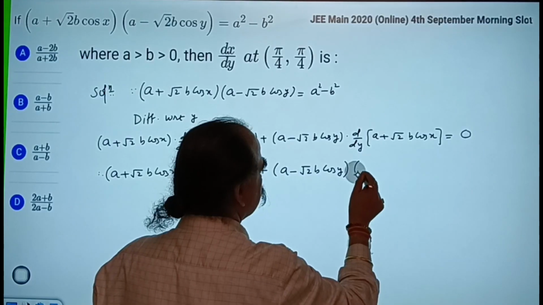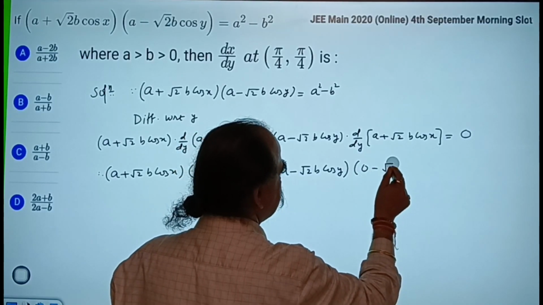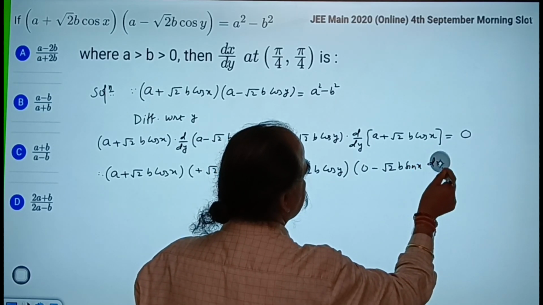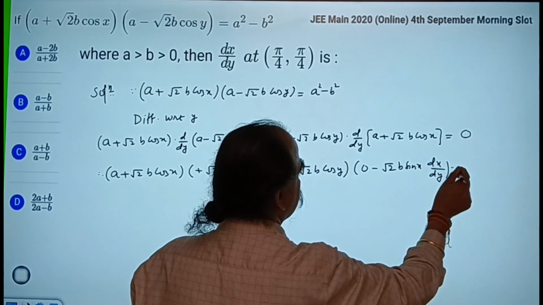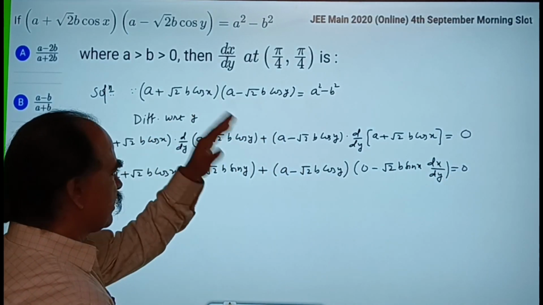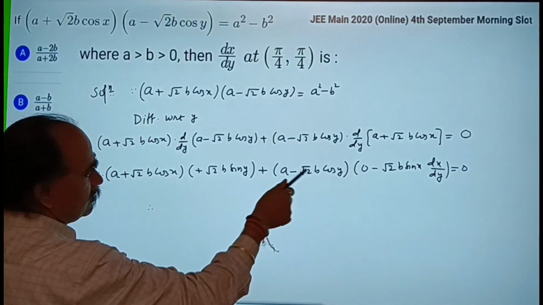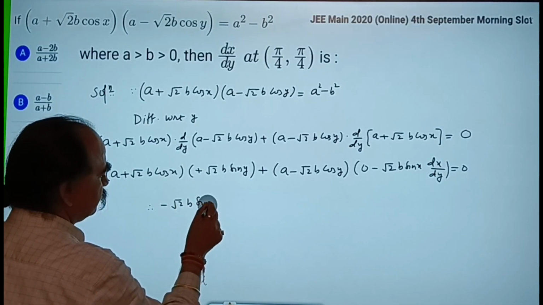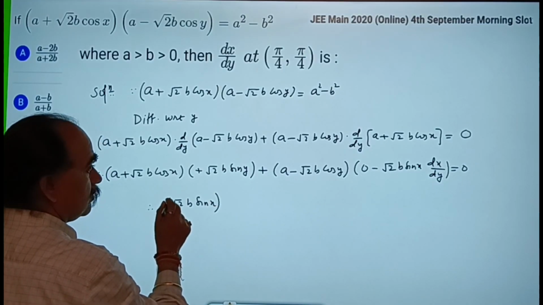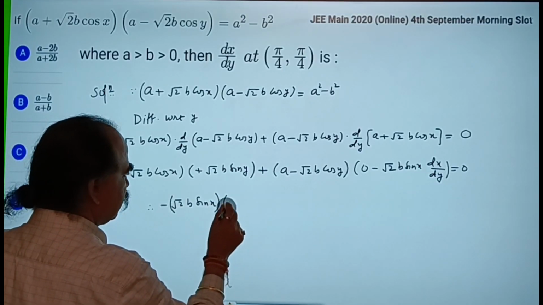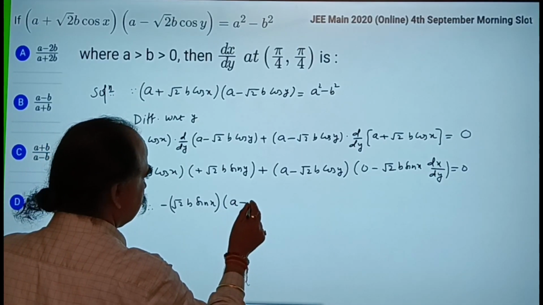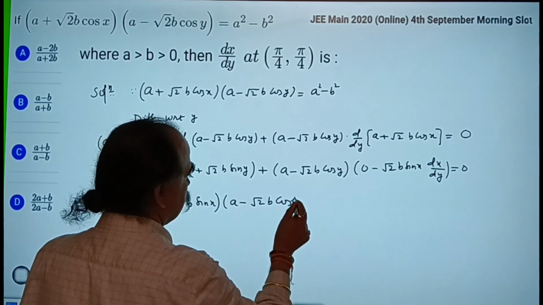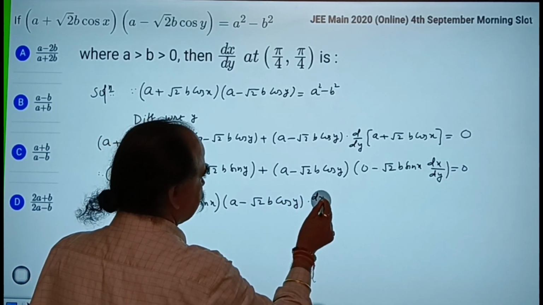Derivative of a is 0, minus root 2b sin x into derivative of x, dx by dy. Now transfer this to that side: this side we have minus root 2b sin x into a minus root 2b cos y into dx by dy.